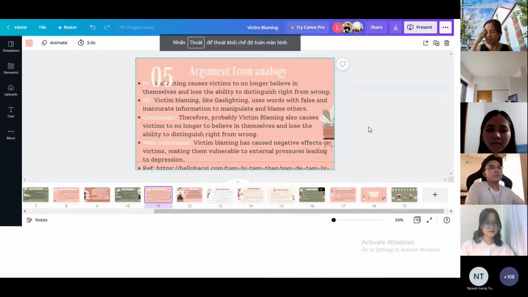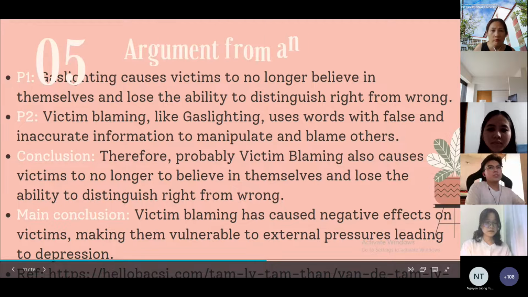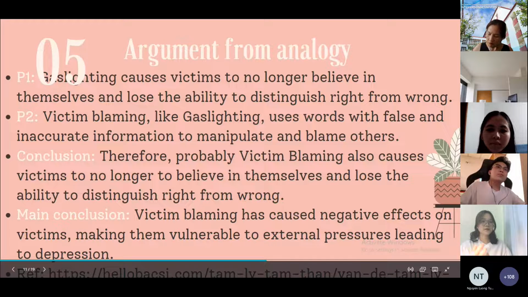I see that you give information about gaslighting as a psychological disease, but I see that it has no relationship with victim blaming. One thing is a psychological disease. The other thing, victim blaming, is a behavior.